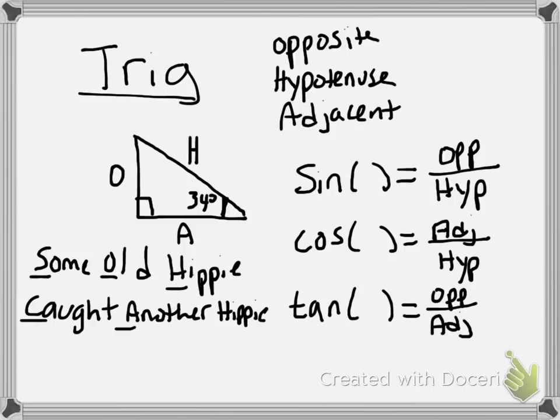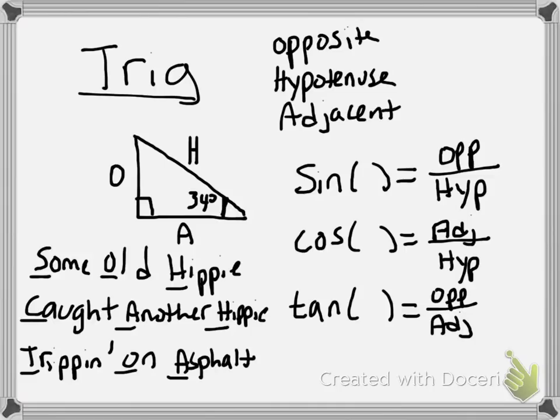So there's your C, A, and H, and T, O, A. Okay, so that's one way you can try to help yourself remember. Some old hippie caught another hippie tripping on asphalt will kind of help you to remember those orders.